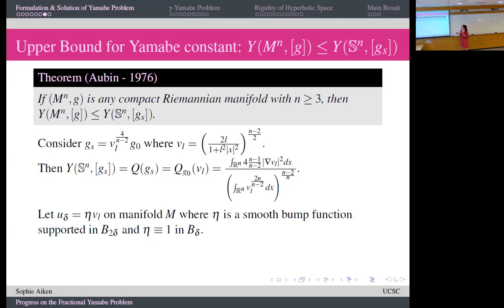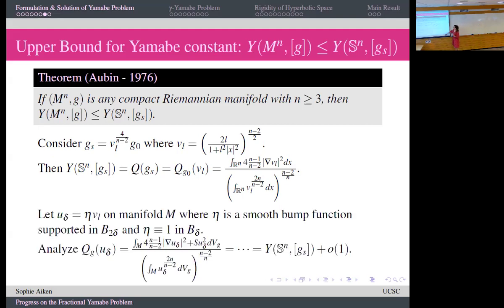Okay. And so just a brief outline here. He showed that by comparing your metric g to the standard spherical metric, where this V sub L is just the stereographic projection with a dilation by L. And then I'm going to compare my given metric g by writing a conformal factor U delta, which is the stereographic projection times some bump function.